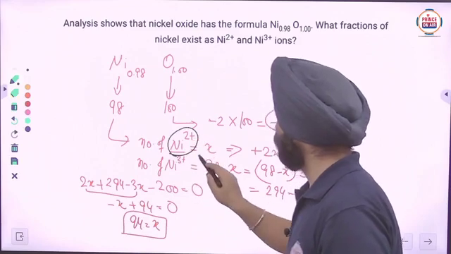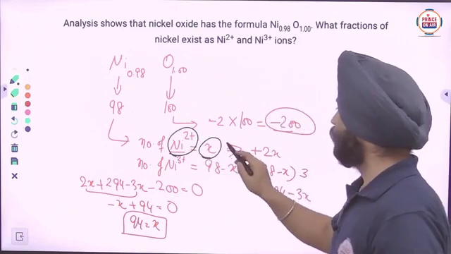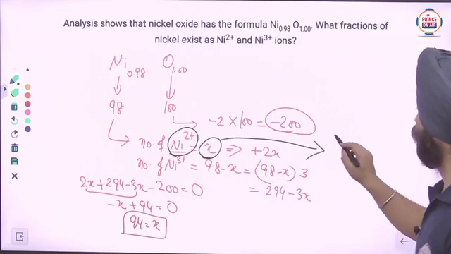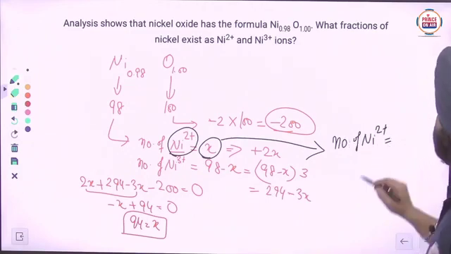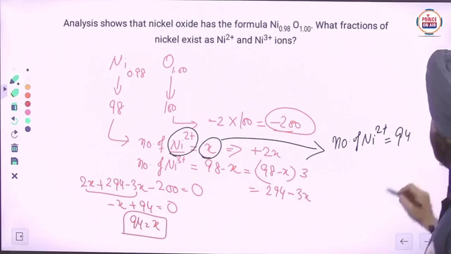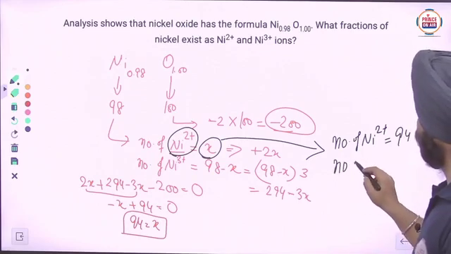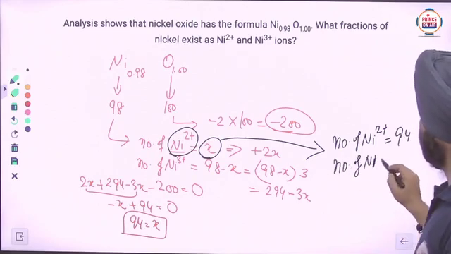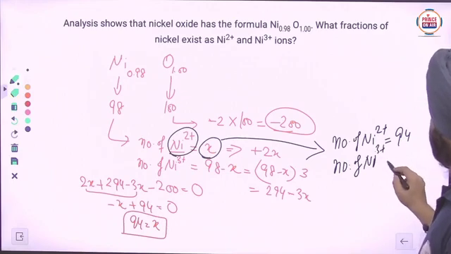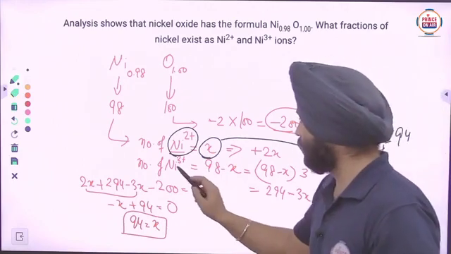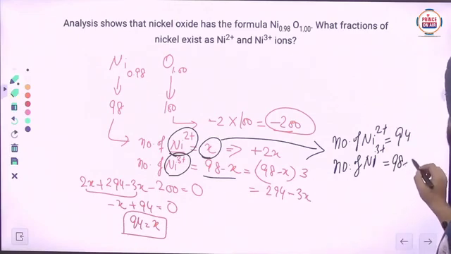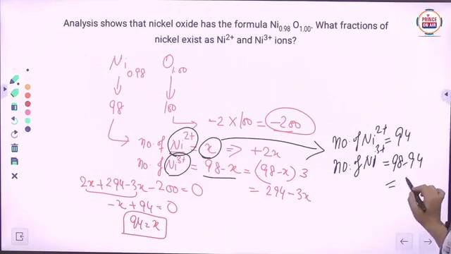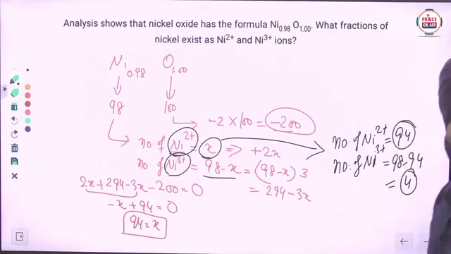Which means the number of Ni2+ ions should be 94, and the number of Ni3+ ions will be 98 minus x, which is 98 minus 94, so it comes out to be 4.